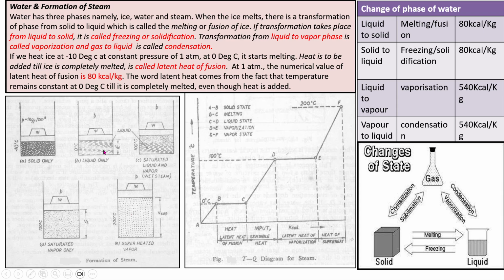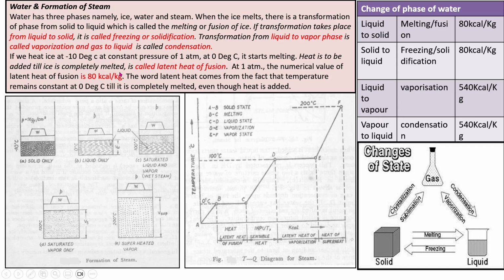First it will go from minus 10 to 0 degree, still in ice form. Then again you heat it, and all the ice will be melted and it will become 0 degree liquid form.